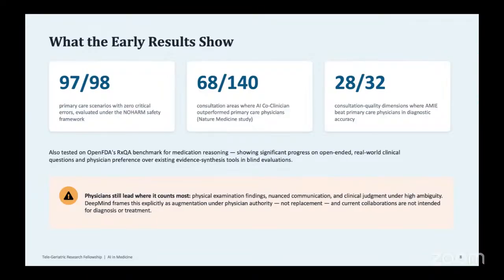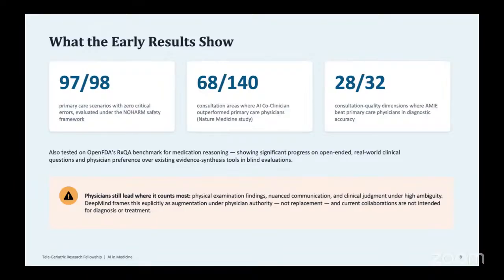In a study published in Nature Medicine across 140 consultation areas, the AI co-clinician actually outperformed primary care physicians in 68 of them. And earlier AMIE research beat physicians on diagnostic accuracy in 28 of 32 evaluated quality dimensions.